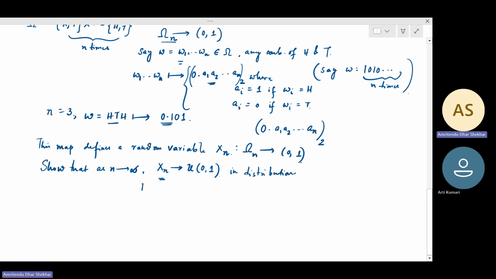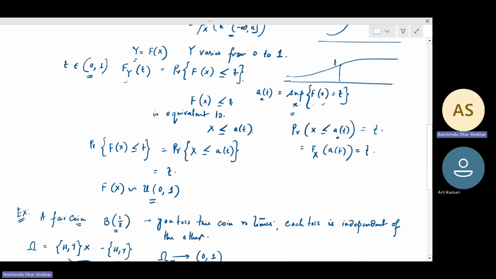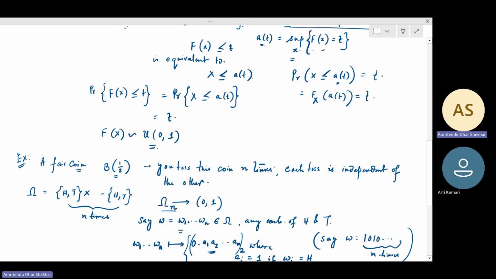What this means is that the distribution of Xn will tend towards U(0,1) as n tends to infinity. This is what needs to be proved. Okay, I'm leaving this as an exercise. It's not hard to prove this.